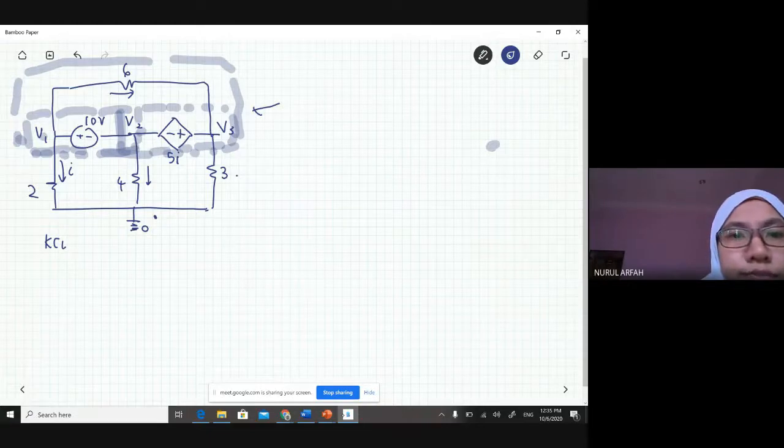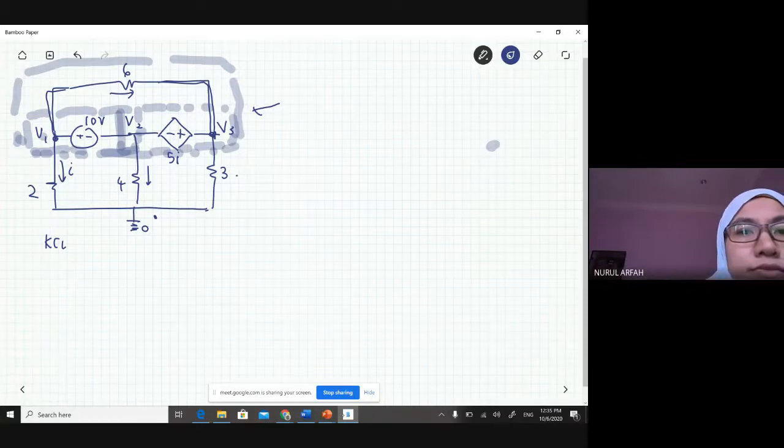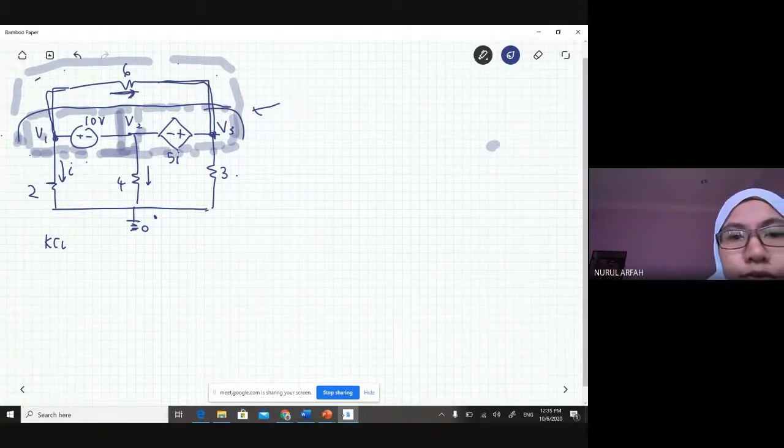Since this path here is connected to unknown, and this also connected to unknown, then you consider this as one boundary of supernode. If you didn't consider the 6, also can. But actually, the V1 is the same current flowing to V3. You will get the same.